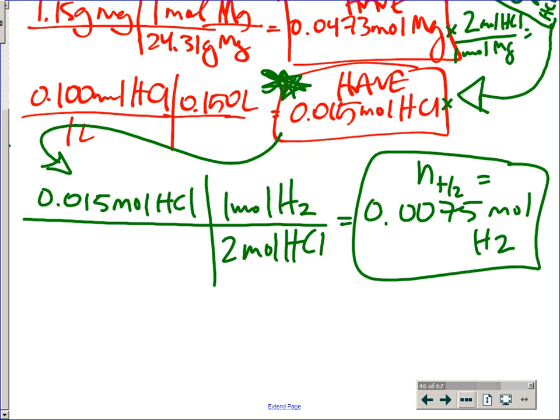Talking to your table mates, because I have already explained on the whiteboard over here how to proceed. You're sitting there looking at 0.07 moles. This equation. Volume.